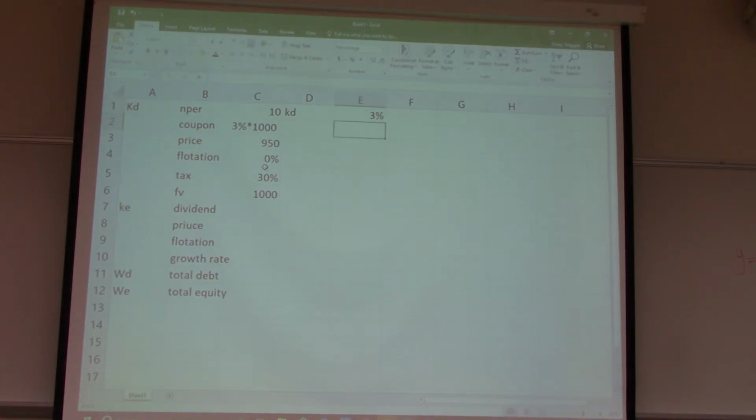And then to get KE, it should be D1. 335.